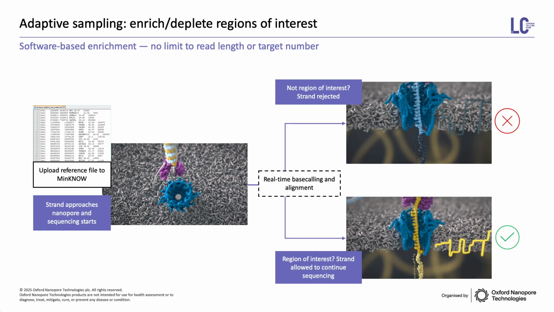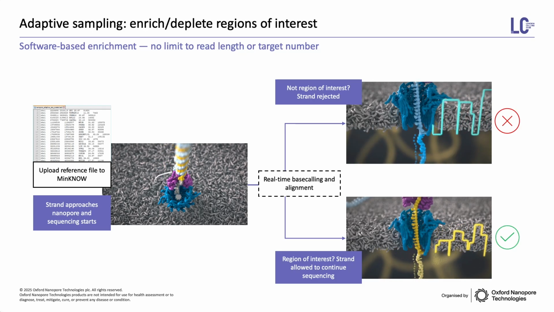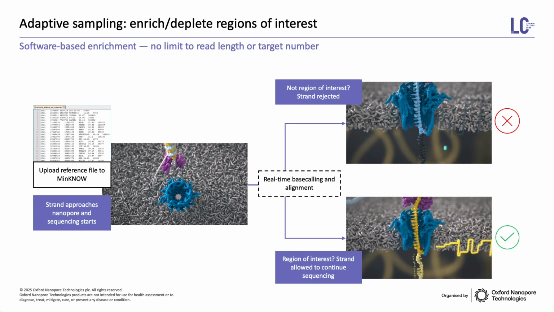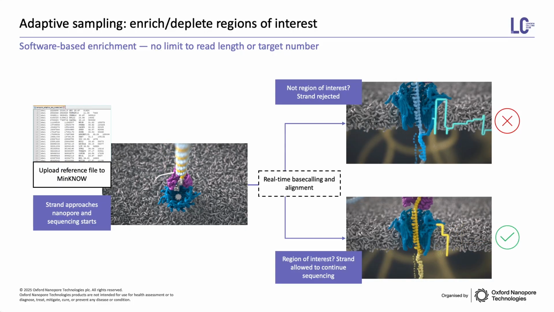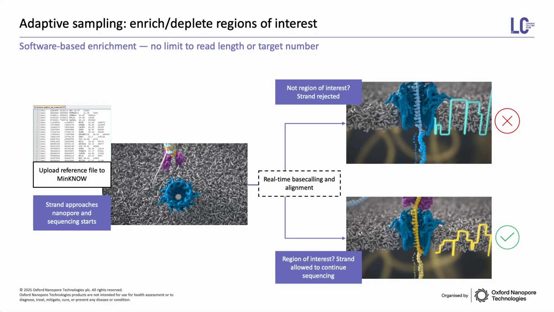Adaptive sampling is the process of ejecting the DNA strand in real time. It allows enrichment or depletion of the region of interest on the flow cell with no additional prep or specific time. It's really simple to use.